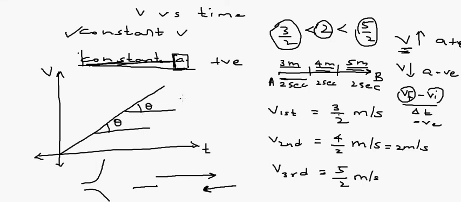That is, the rate, dv by dt, is constant. That is, acceleration is constant. That is, tan theta is constant. So it's just going to be a straight line when the acceleration is constant.